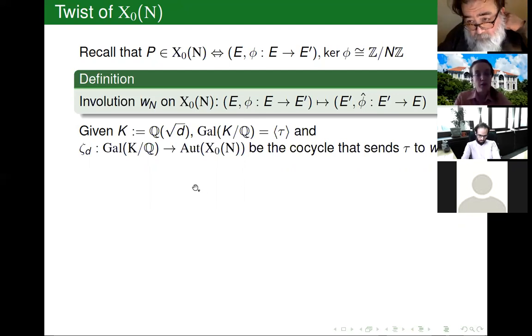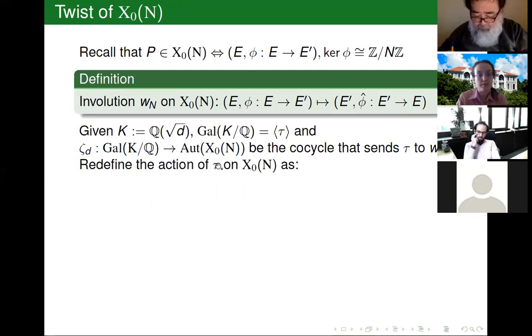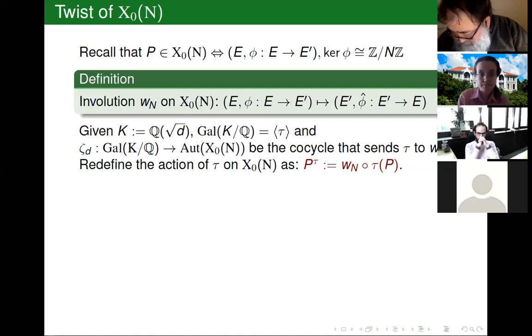And now we will define a cocycle, and that cocycle is going to give us a twist. And the definition of the cocycle is as follows. Given this quadratic field with the non-trivial Galois element being tau, this cocycle takes this tau and sends it to W_n. And therefore, the definition of tau on X_0(n) is twisted in some sense.